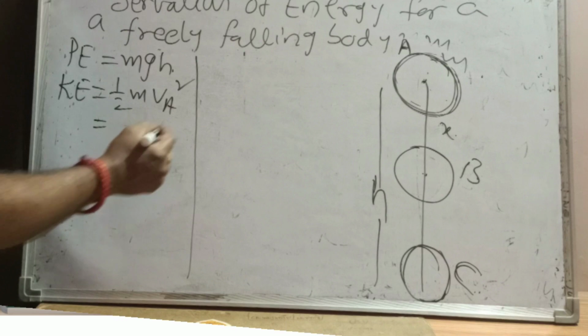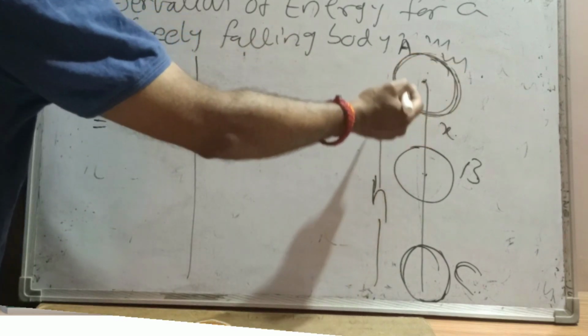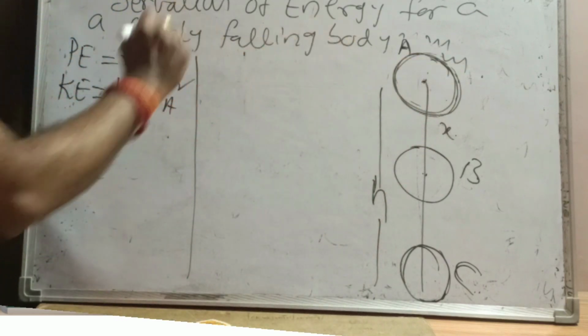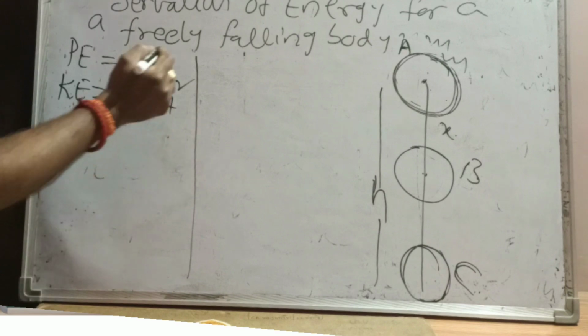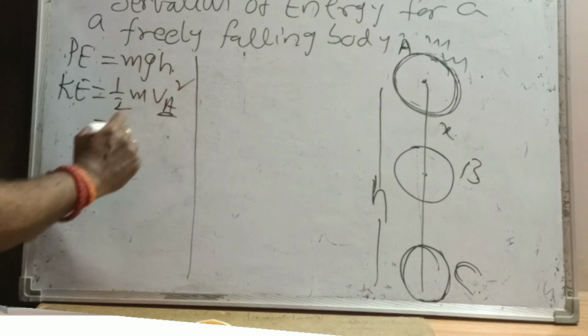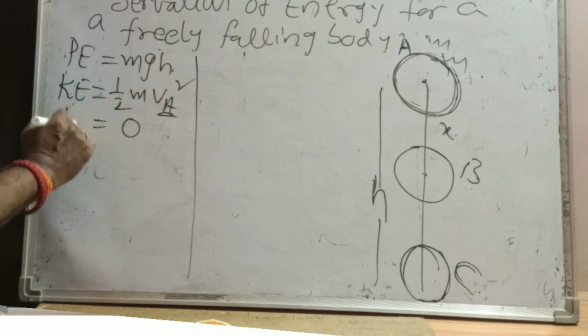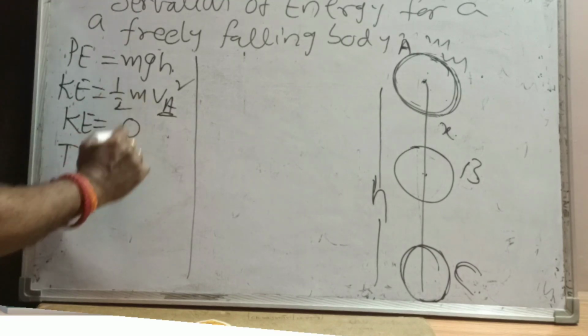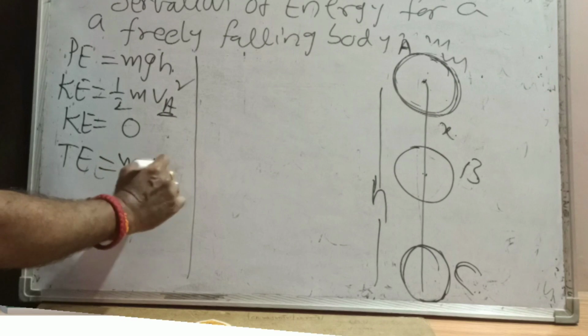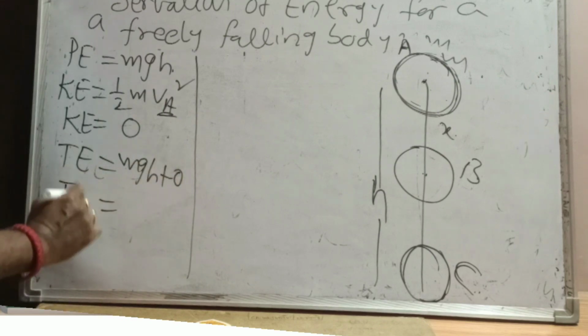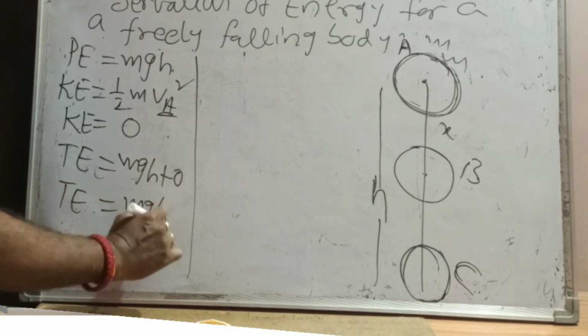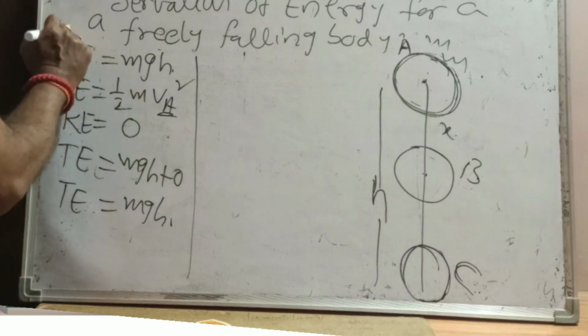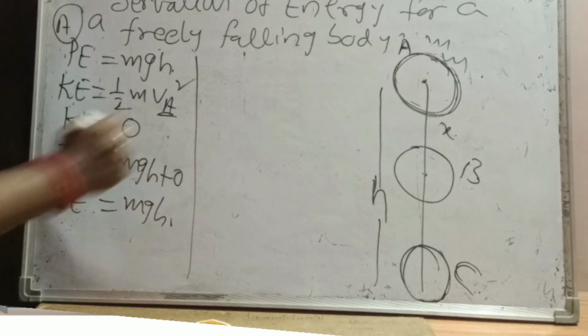Since no initial velocity is given for a free falling body, initial velocity is 0, va or u is equal to 0, therefore kinetic energy is 0. So total energy is equal to mgh plus 0. So total energy is equal to mgh here. This is the case at the point A.